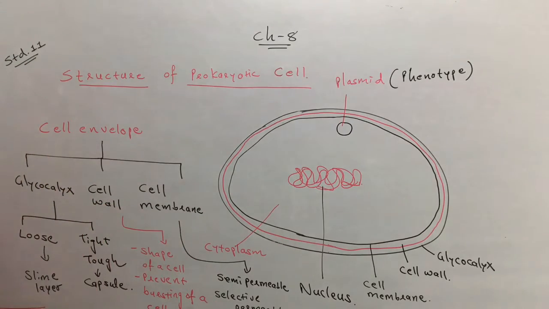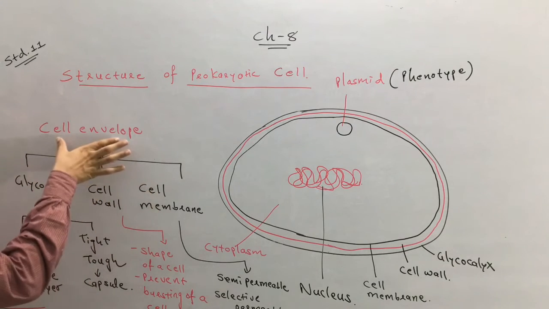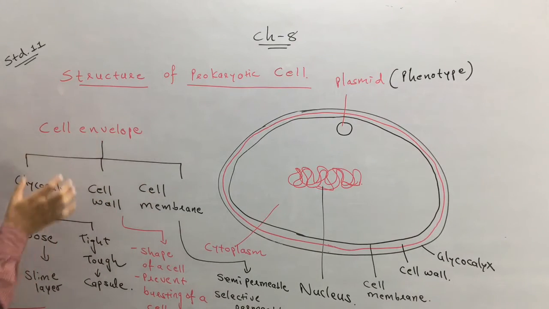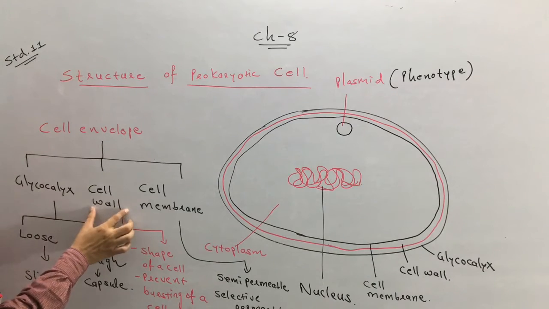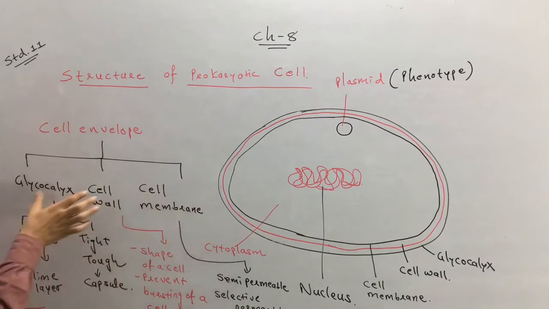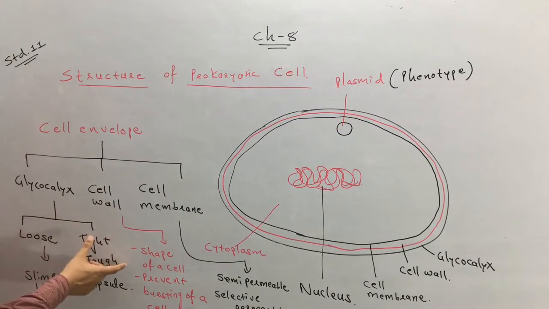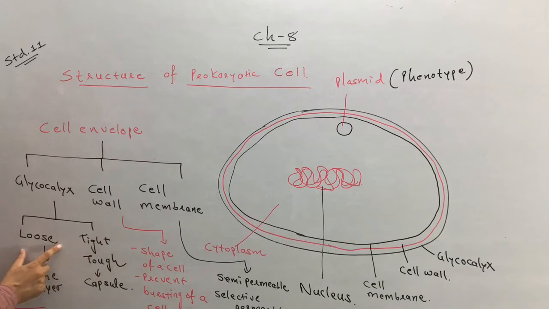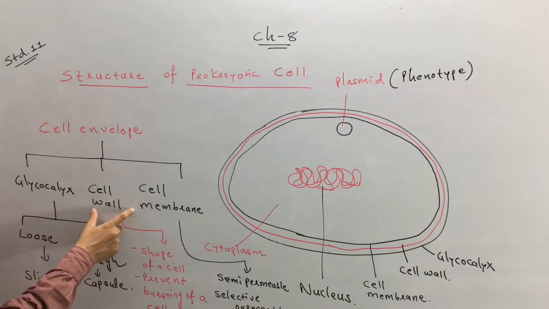So in short, three layers together form the cell envelope: glycocalyx, cell wall, and cell membrane. The glycocalyx may be loose, in which case it's called a slime layer, or tight and tough, in which case it's called a capsule. The middle layer is the cell wall.